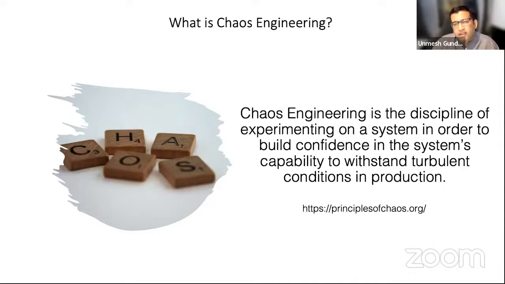So chaos engineering is basically a discipline of experimenting on a system in order to build confidence in the system's capability to withstand turbulent conditions in production. That's a definition that the Principles of Chaos website offers, and then we'll see what it means in subsequent slides.